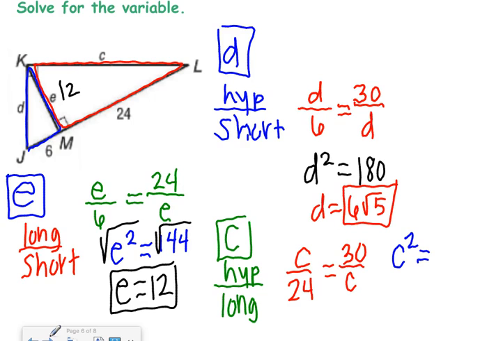What's 24 times 30? 720. So it's the square root of 720. That's 36 times the square root of 20. What's the square root of 36? 6, but I can break down 20 into 4 and 5. What's the square root of 4? 2. So 6 times 2 is 12, so 12 root 5.